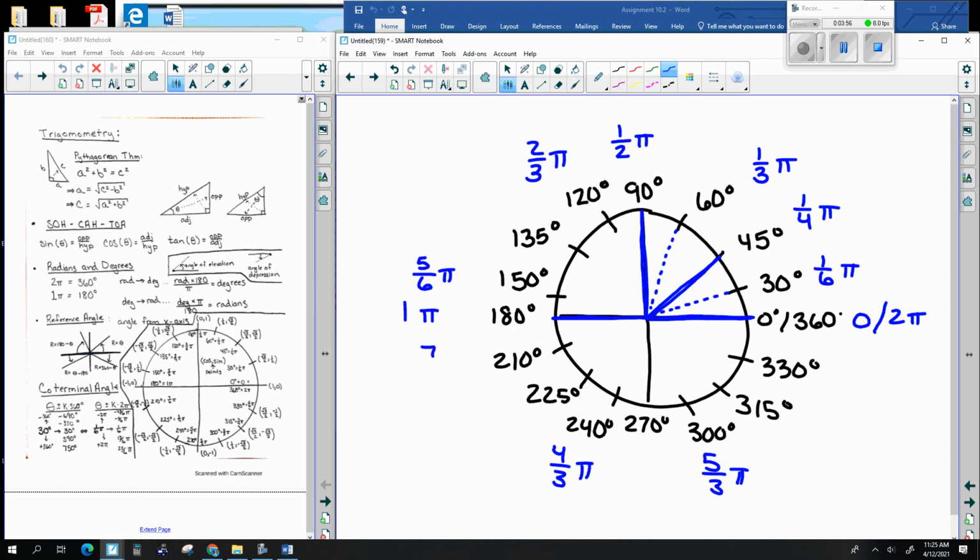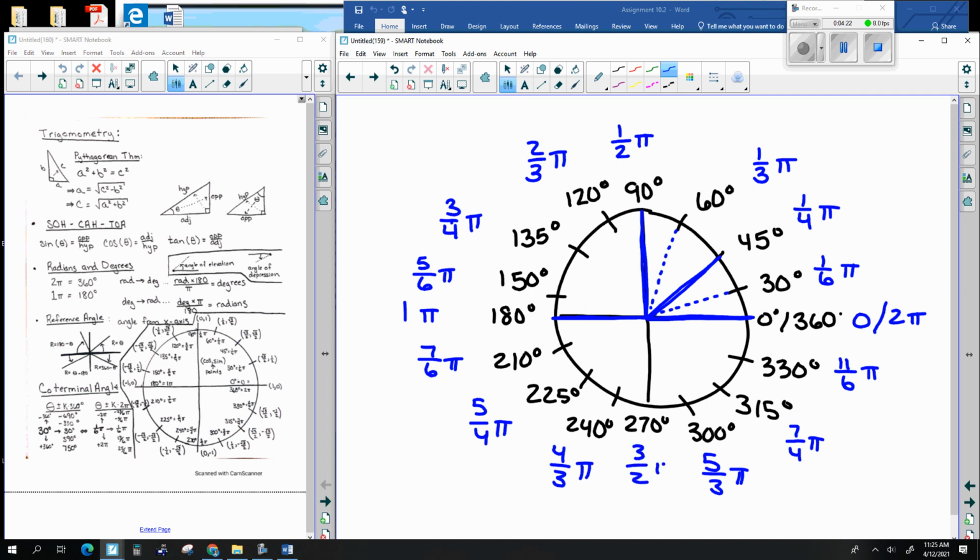And this would be 7/6. And this would be a little bit short of 2, so this is 11/6. And then fourths: 1/4, 2/4, 3/4, 4/4, 5/4, 6/4, 7/4. And then 1/2, 2/2, 3/2.